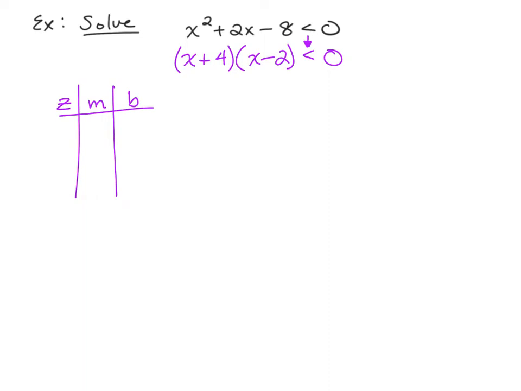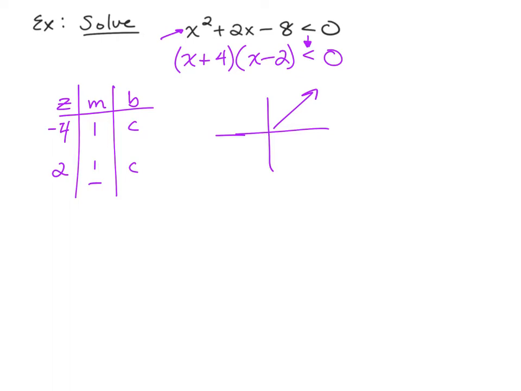And with the ZMB, we know that the zeros will be -4 and +2, each with a multiplicity of 1 and having a crossing behavior. The end behavior will be positive because this sign is positive, so the right side will go up.